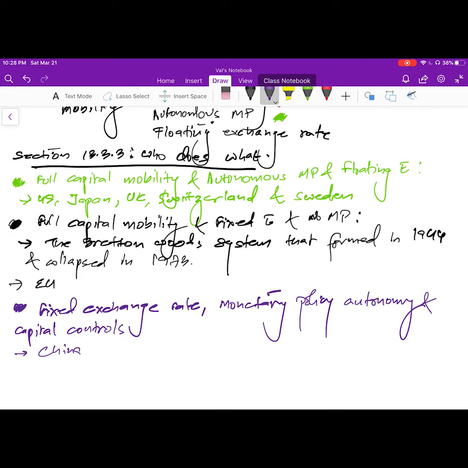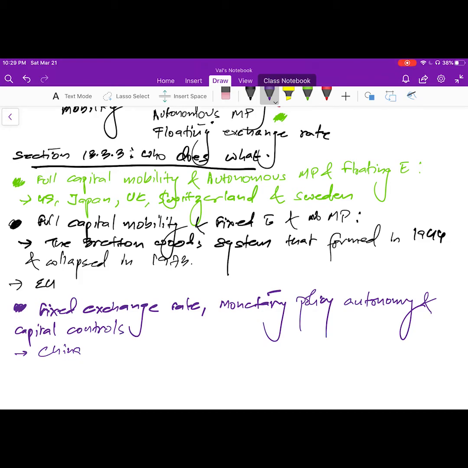Then the following year, once again, everybody contributes $50,000 for someone else's purchase of a home, and they do that until everybody in the group has successfully bought a condo in Canada. So that's how they go about buying all these properties in Canada. So China is an example of fixed exchange rate, monetary policy autonomy, and capital controls.